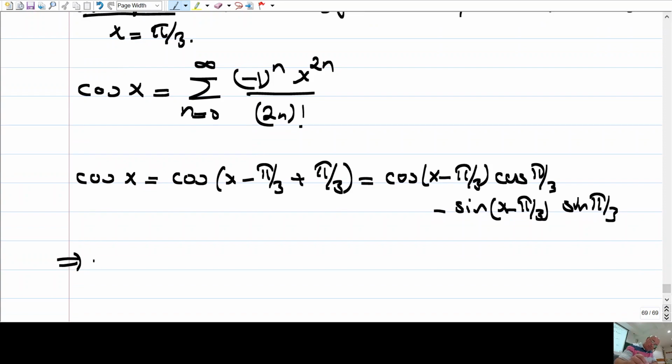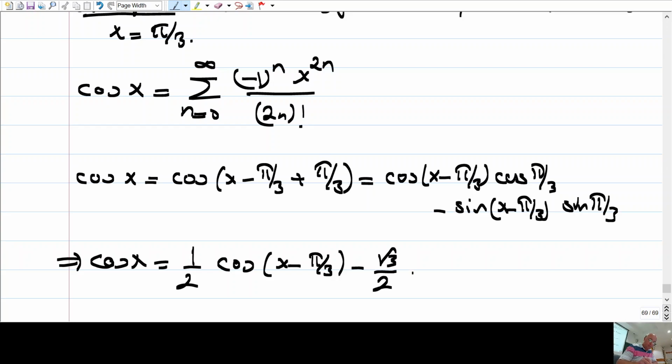So this implies cosine x is just cosine pi over 3, 1 over 2, right? 1 over 2 times cosine x minus pi over 3 minus sine pi over 3, which is square root of 3 over 2, right? Sine x minus pi over 3.